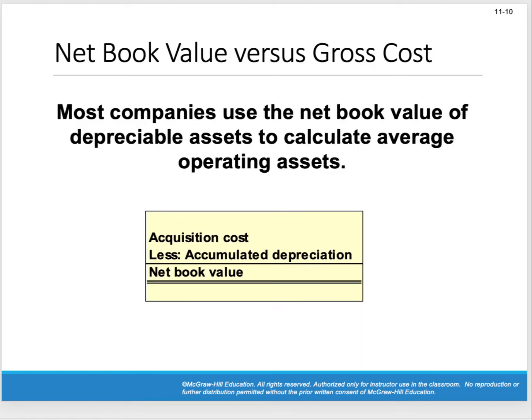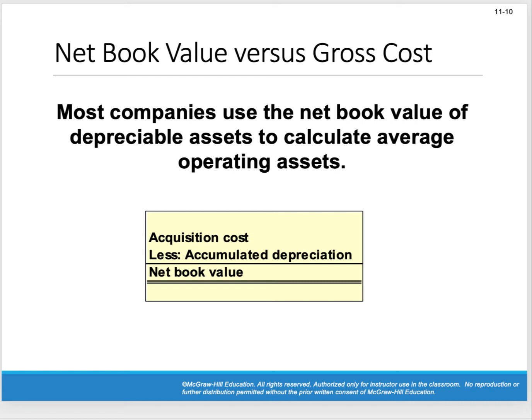Okay? So we need to look at book values and gross cost. If you remember from financial accounting principles or the Harvard Business Review course that you had, a lot of companies use book value to calculate the value of their assets, right?